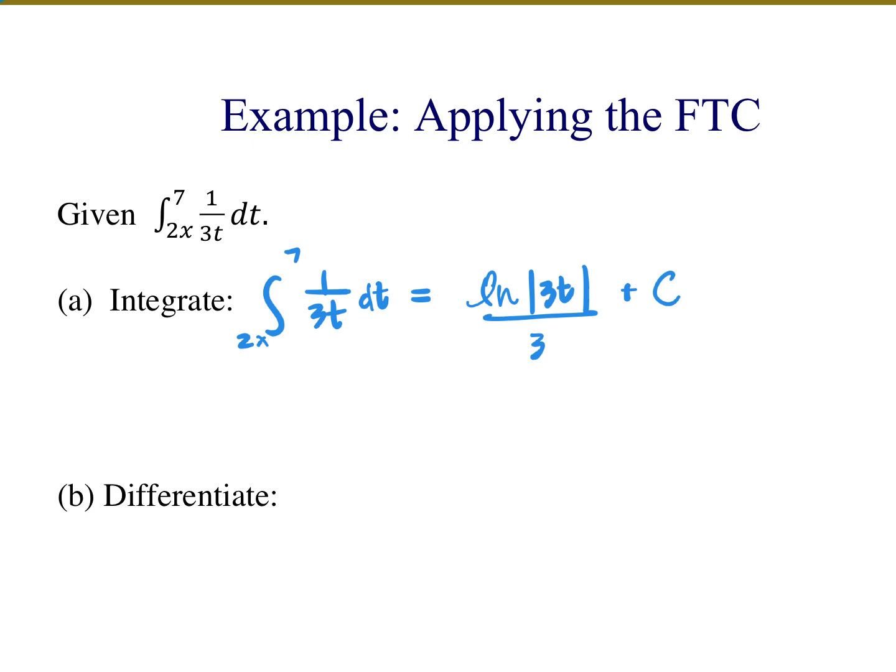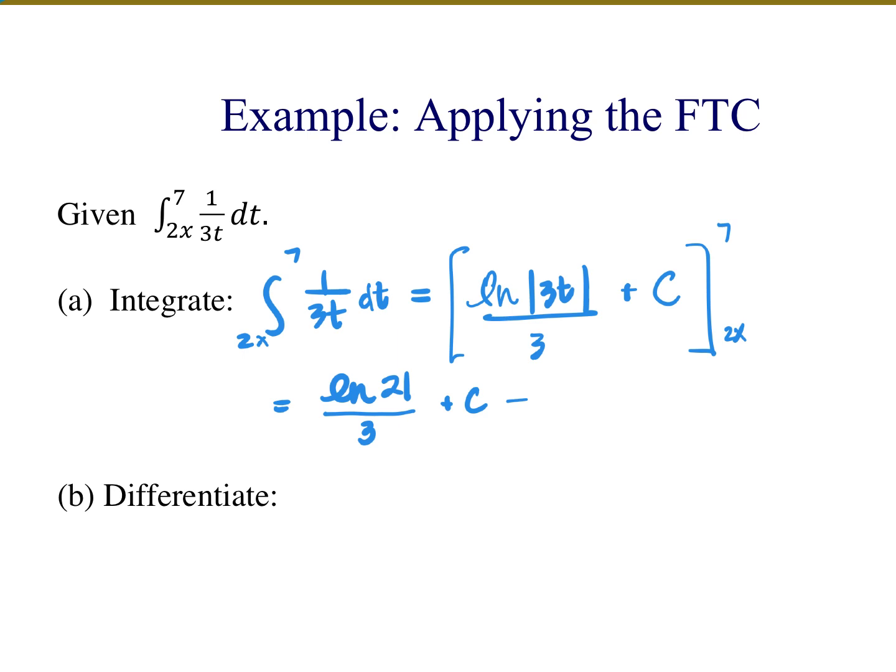And what will the bounds be? 2x to 7. And then plug in the 7. So you'll get the natural log of what? 21. Do I need absolute values? No, but still over 3. Does that reduce to 7? No. Good job. Then we'll have our plus c.